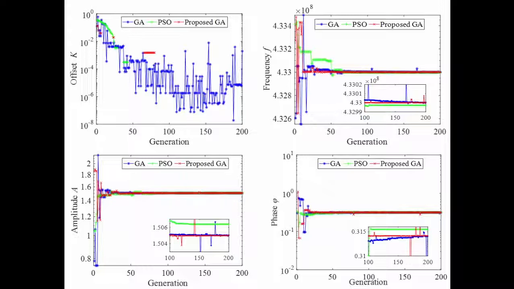From the first figure, it is observed that some part of the curve of our proposed genetic algorithm disappears. That's because its estimation value is equal to the set value. And from the other figures, we can see that the performance of our proposed genetic algorithm is better than the others.